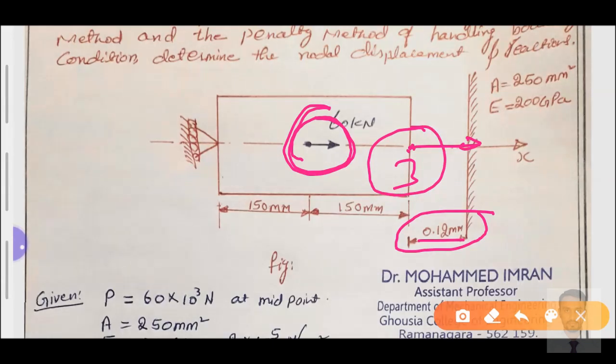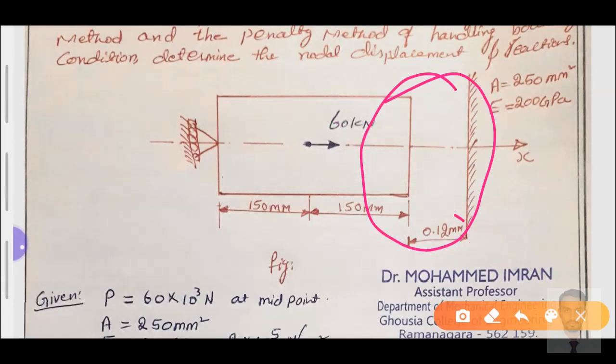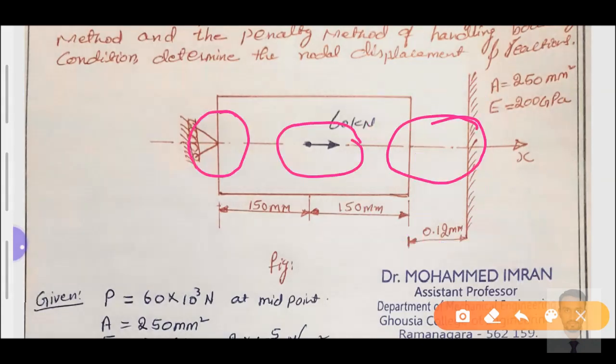The restricted displacement is given in the problem. After this much displacement occurs at node number 3, there is no displacement at all at node number 3. We are subtracting the effect of the restricted wall displacement on the bar element from each and every force exerted at node number 1, node number 2 and node number 3.